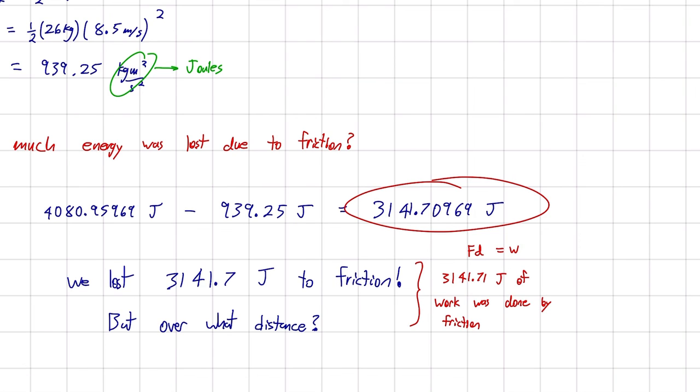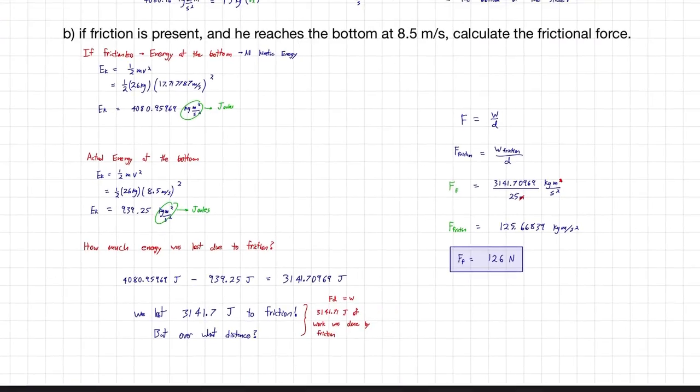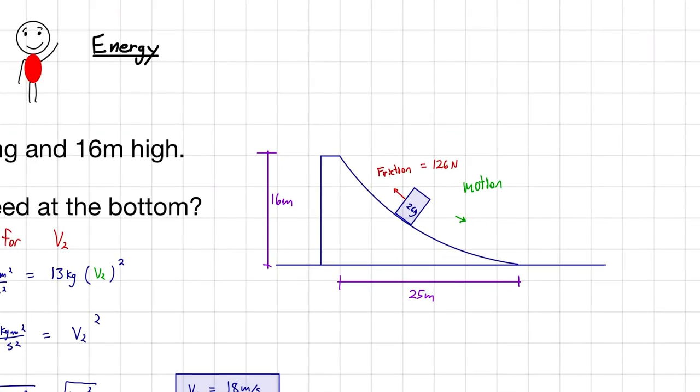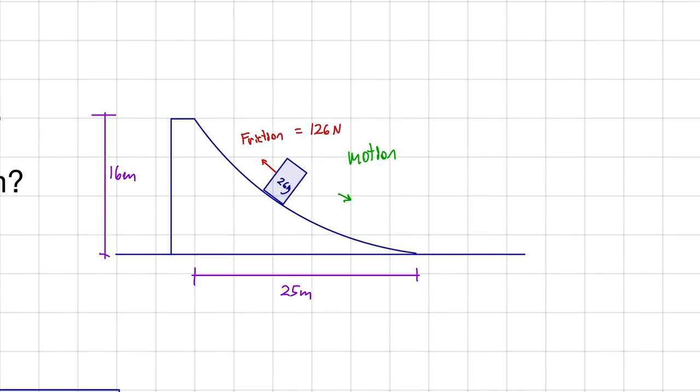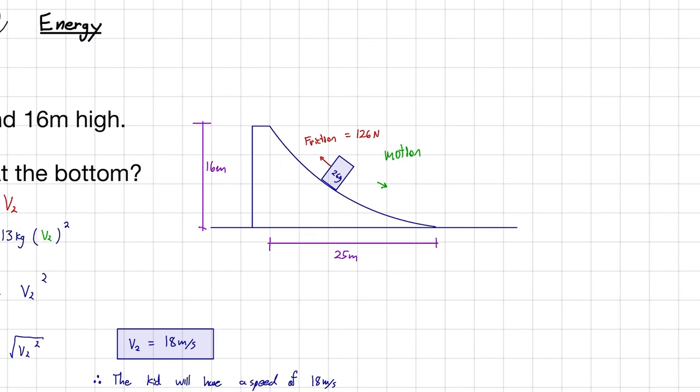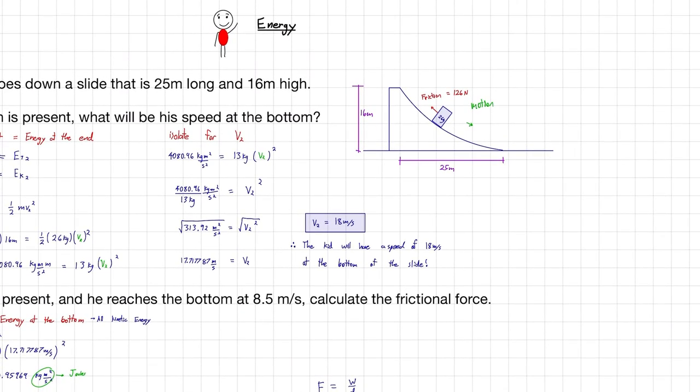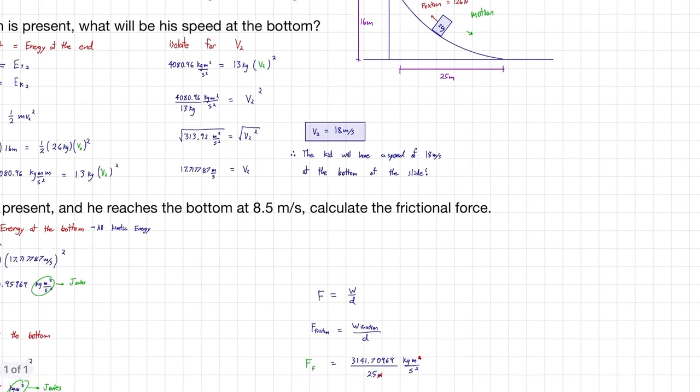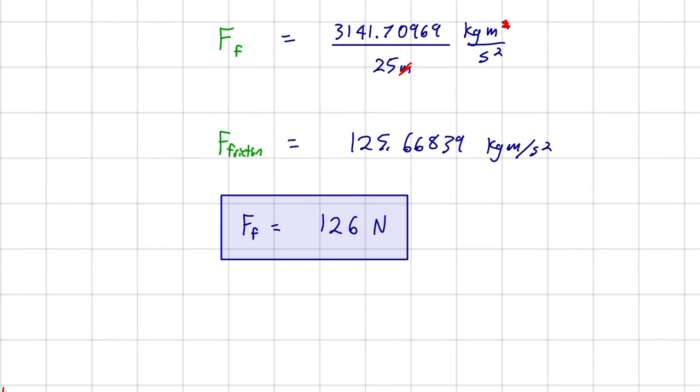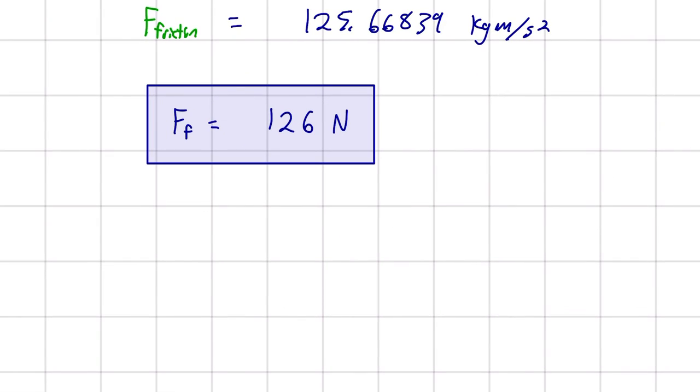Well, that went into friction. Friction can come out in the form of heat, and also the loss of speed. So heat is produced by friction, so that is where the energy went. The energy did not just disappear, it just went into friction and heat rather than speed. And the friction force was 126 newtons.